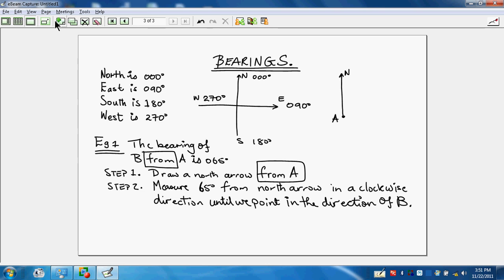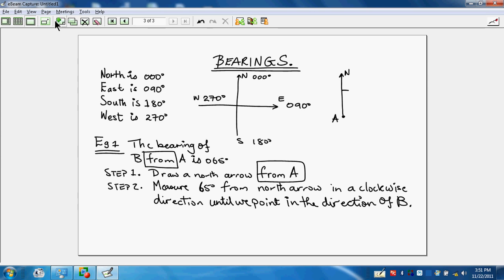And then you measure 65 degrees from the north arrow in a clockwise direction, which means we put our protractor center at A, let the zero line on the protractor lie in the direction from A to N, and measure 65 degrees in a clockwise sense.